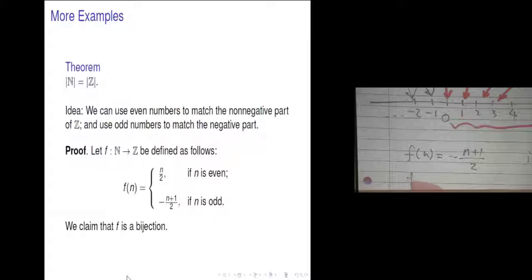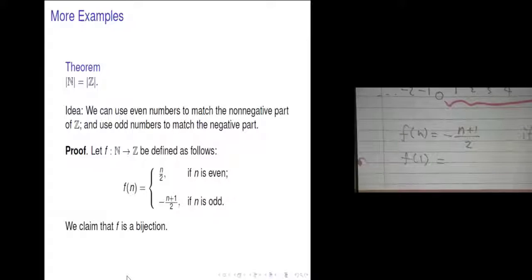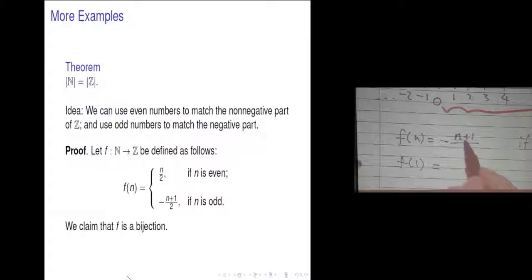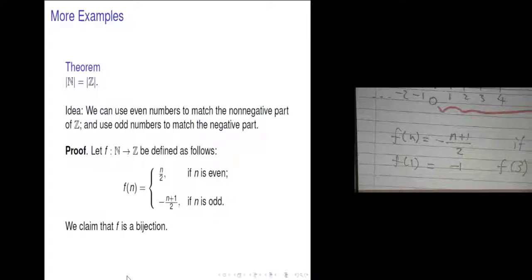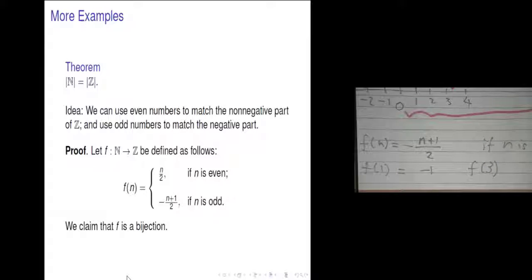So what is f of 1? When n equals 1, I get 2, and 2 divided by 2 is 1, so this is -1. What is f of 3? I want to map it to -2.